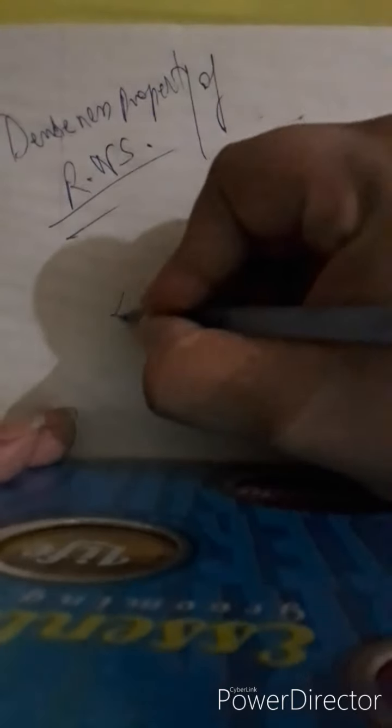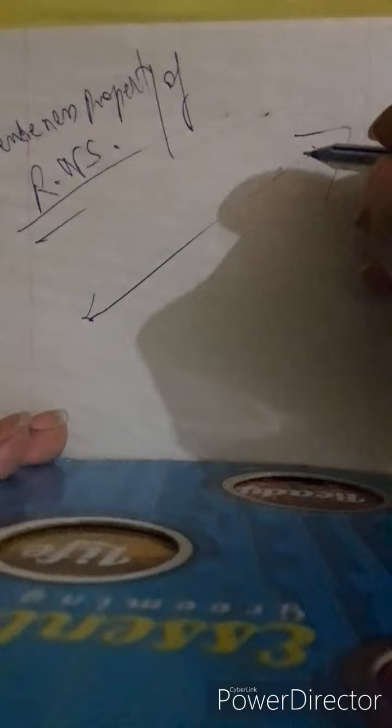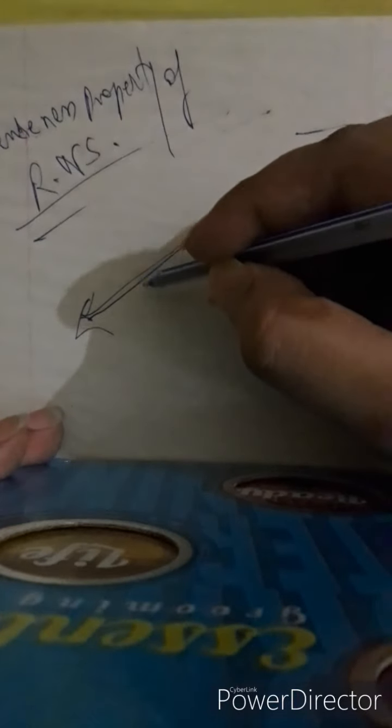That between two rational numbers there are infinitely many rational numbers. That is, let two rational numbers be half and 3 by 4. Between half and 3 by 4 there are infinitely many rational numbers. That is the denseness property of rational numbers.